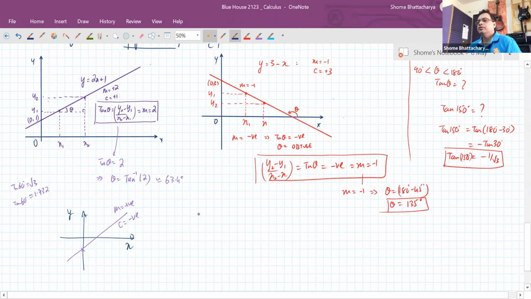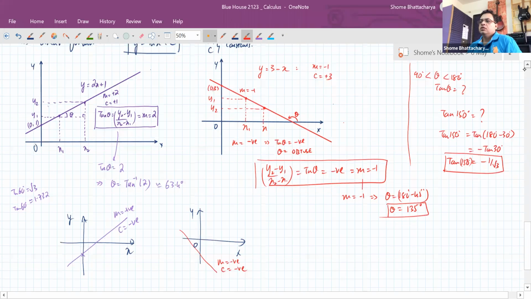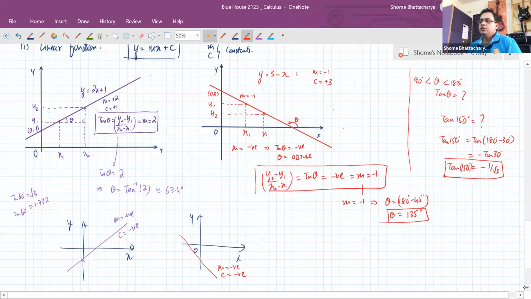Or we can have a graph like this one of a straight line where both quantities are negative: m is also negative, and the y-intercept is also negative. So this is in general how the graph of a straight line looks.